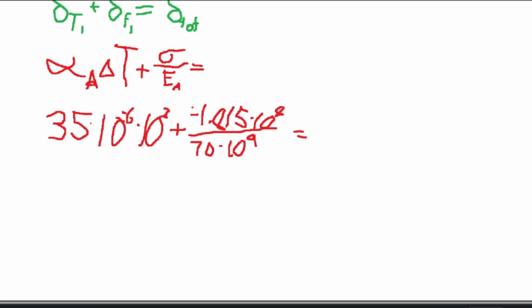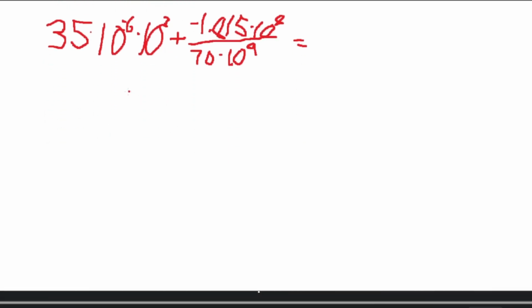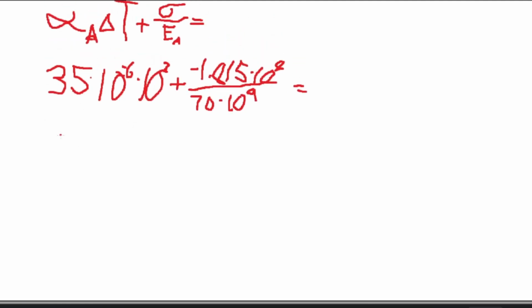And we just sum up these numbers. Quick math, you get negative 0.0029, and that's the deformation total of aluminum.